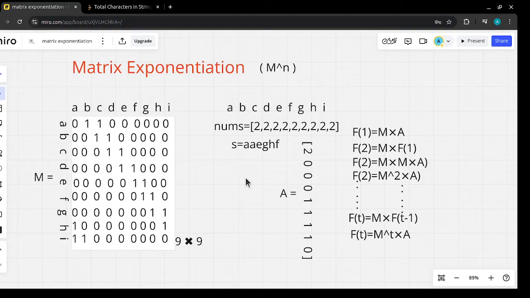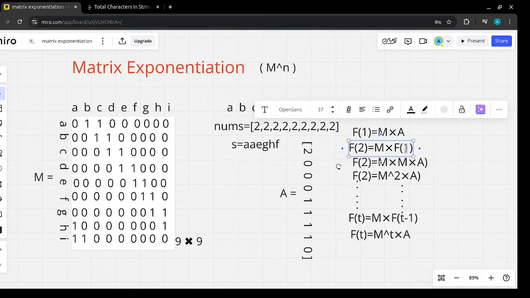On the basis of that, I can say that after two transformations I get the matrix multiplication of M and the previous matrix, f of 1, which is the matrix formed by one transformation.